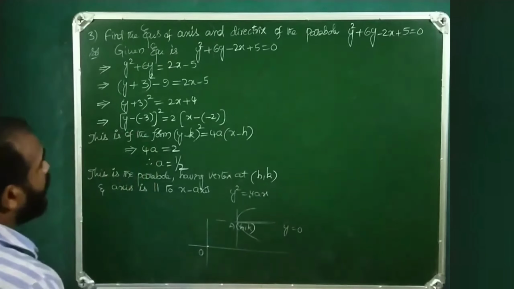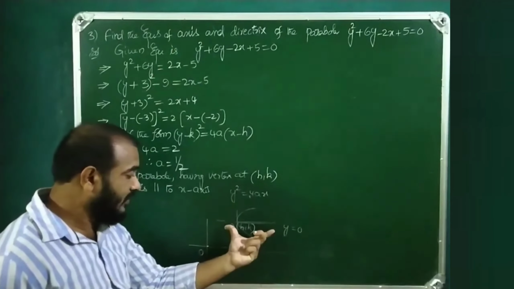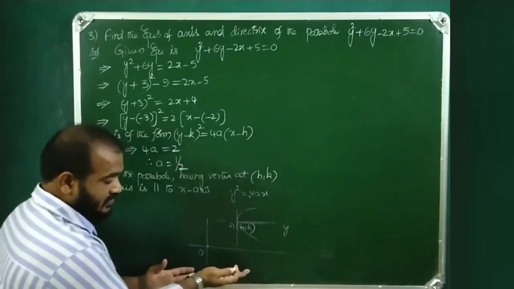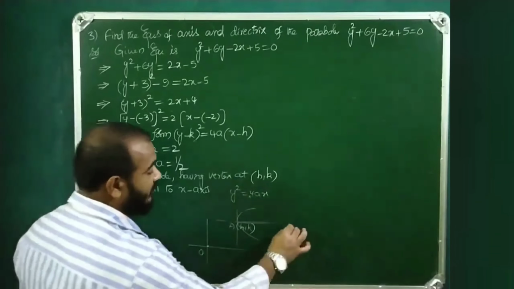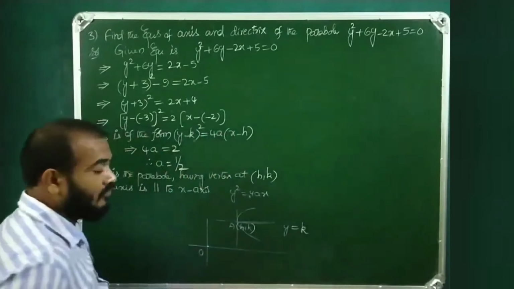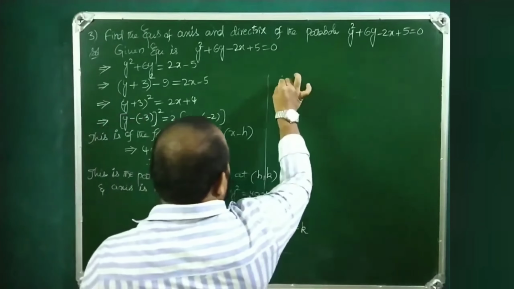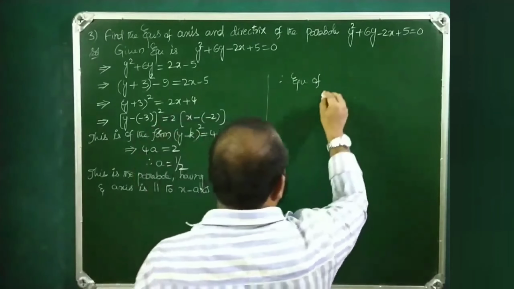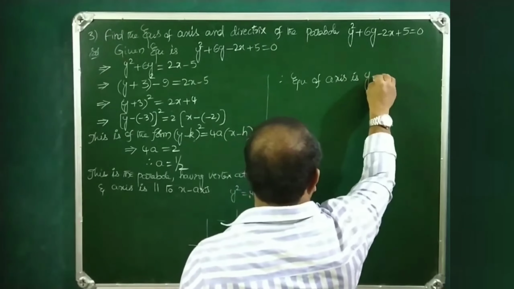Now, what do we require to find the axis? Here, y equals 0, but here this is parallel to x-axis. So this is y equals k. Therefore, the equation of axis or principal axis is y equals k.